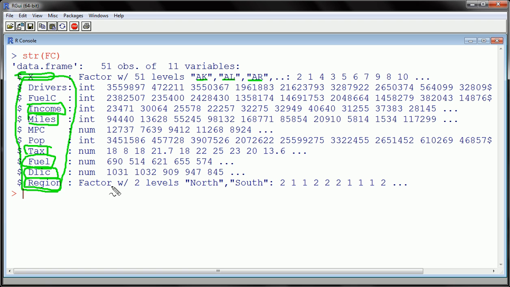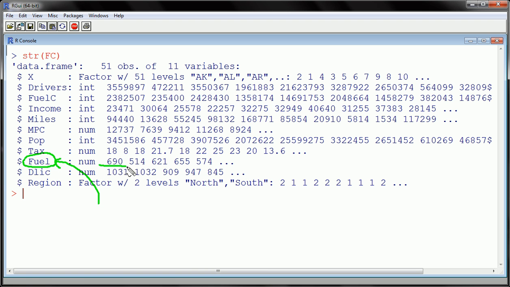What I want to do here is predict the fuel consumption of a state using some of the other features and characteristics, the information we have on that state. So for us, fuel consumption, which by the way is per person, is our target. Here's our target feature, and as you can see, it's a numerical feature.